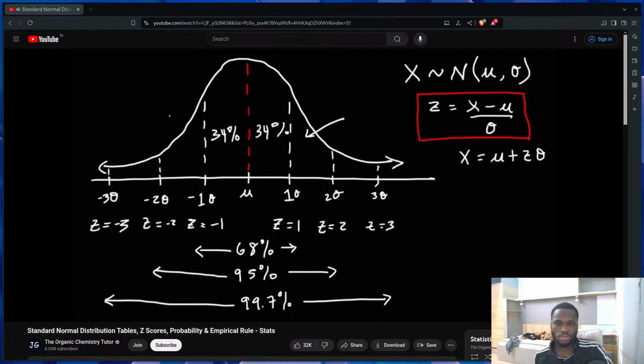Now, what is the area in terms of a percent for those 2 regions?